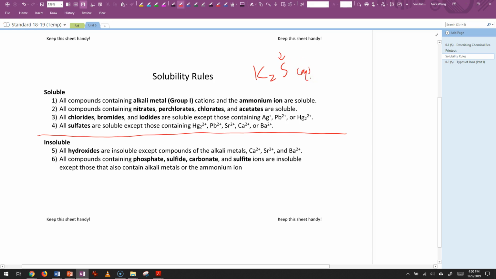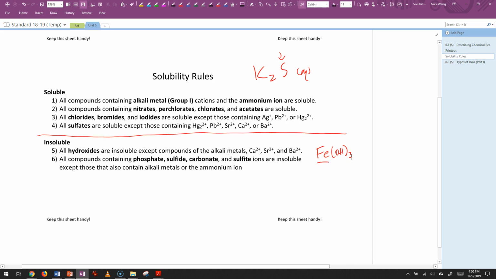On the other hand, if I look down here, it says all hydroxides, for example, are insoluble except those containing the alkali metals and these specific things. So what about, let's say, I don't know, iron hydroxide? Fe, I'm just going to make this up, iron hydroxide, right? So if I look for iron on this page, I'm not going to see it anywhere.